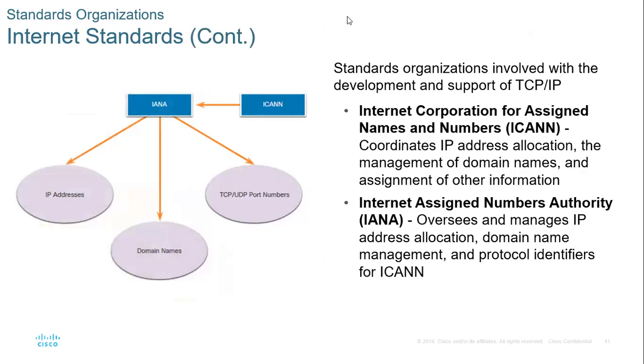Next, the Internet Corporation for Assigning Names and Numbers, ICANN, and the Internet Assigned Numbers Authority, IANA. ICANN coordinates IP address allocation, the management of domain names, and assignment of other information, whereas IANA oversees and manages IP address allocation, domain name management, and protocol identifiers for ICANN.